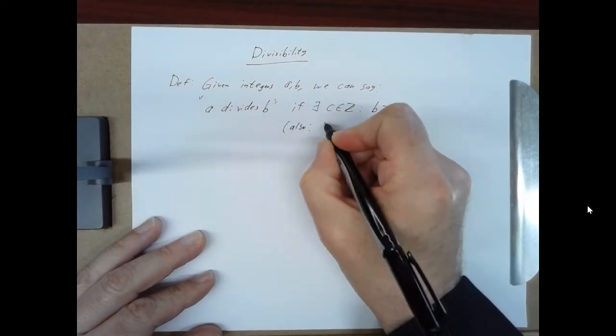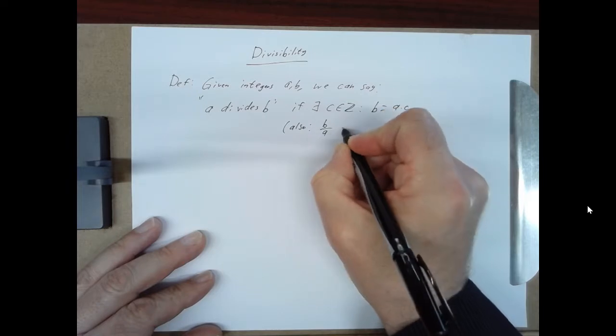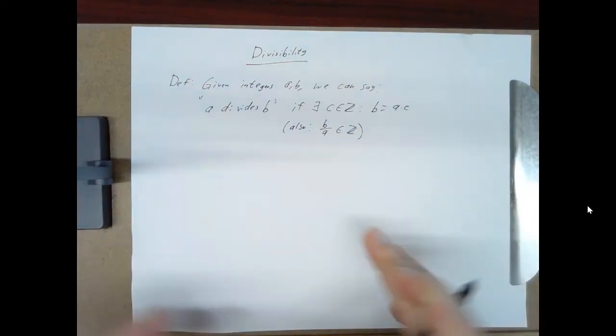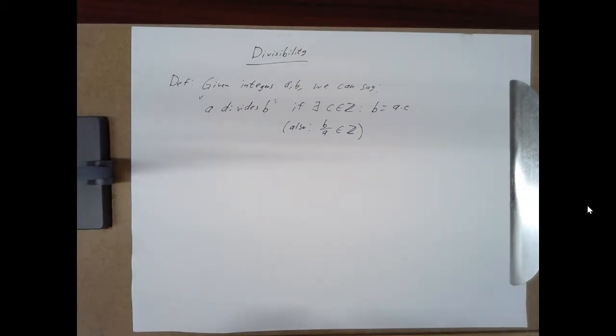This also means that B divided by A is an integer, because B divided by A is just C, and C is an integer. So A divides B if, when you take B and divide by A, you get an integer. So it divides it an integer number of times, basically, is what we mean by divides.